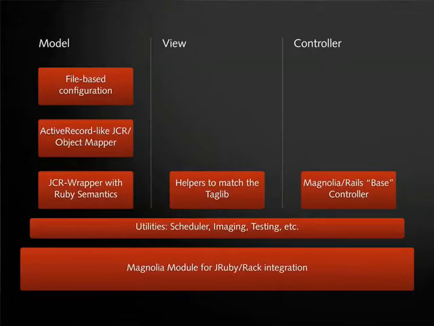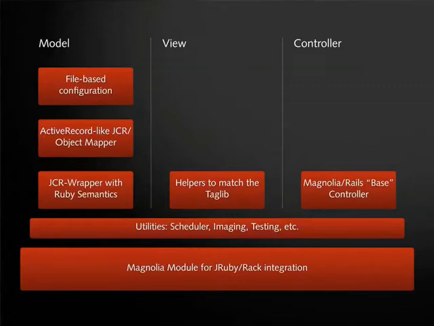For the controller, as I showed you, we got a base controller that makes it easier to work with Magnolia's content objects within Rails. We got these helpers that basically match the taglets. And then on the model side, we actually got the most complex features. All the other features are just a few classes and a couple hundred lines of code. It's not that much.